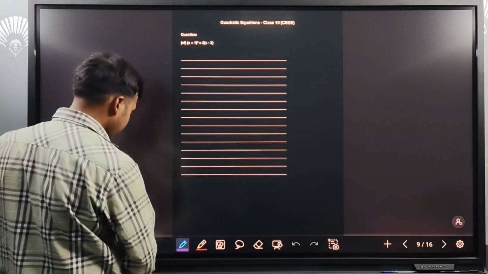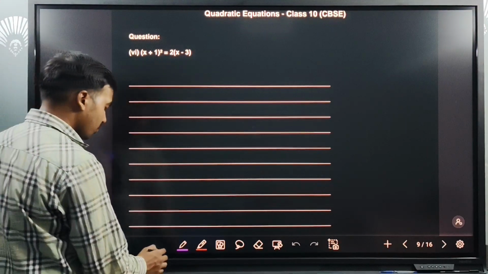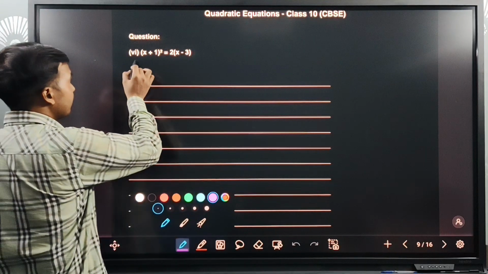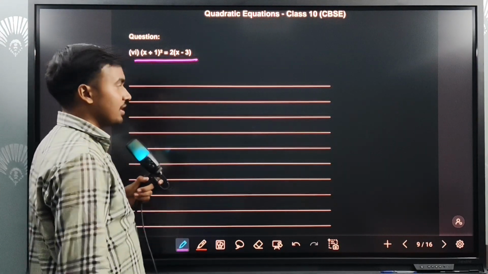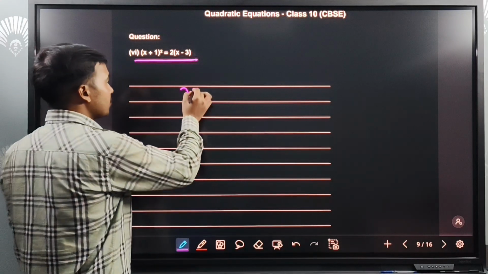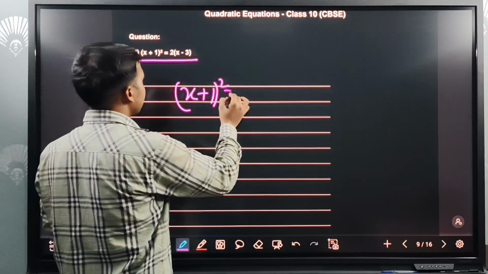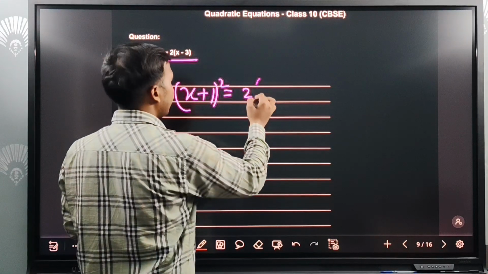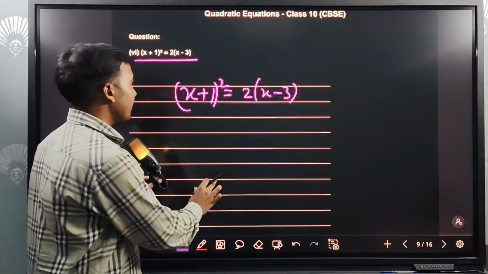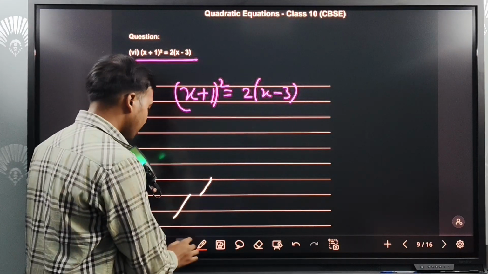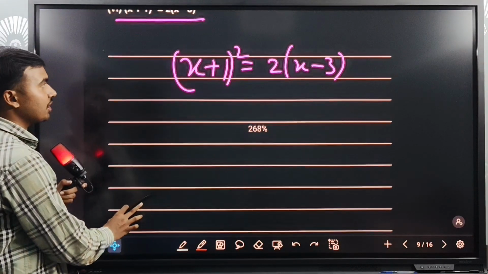So our next question is (x plus 1) raised to the power 2, x plus 1 to the whole square, is equal to 2 multiplied by (x minus 3). So firstly we are copying this question. What we can do is use the formula of (a plus b) whole square.